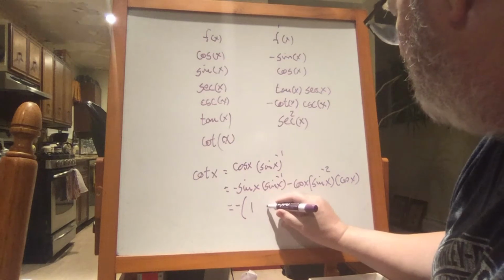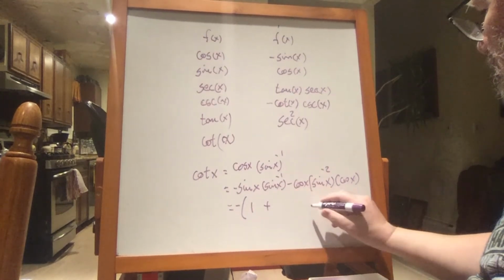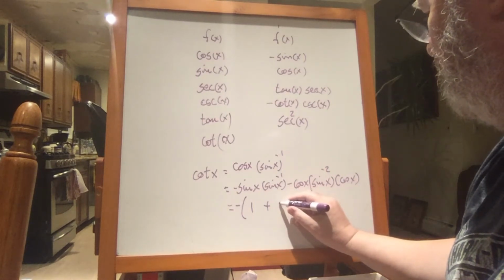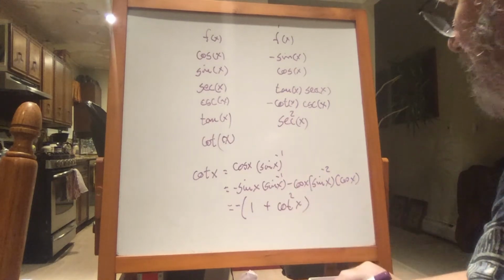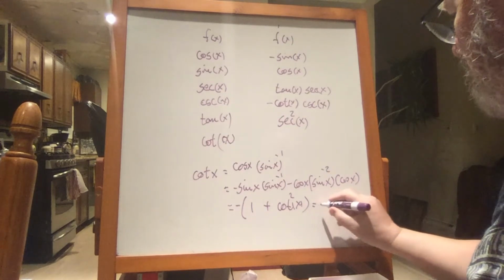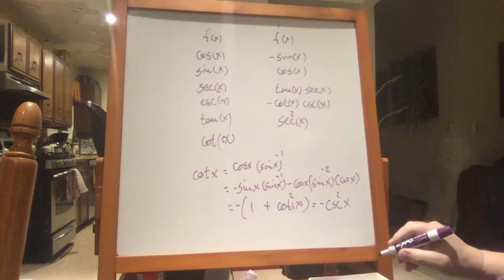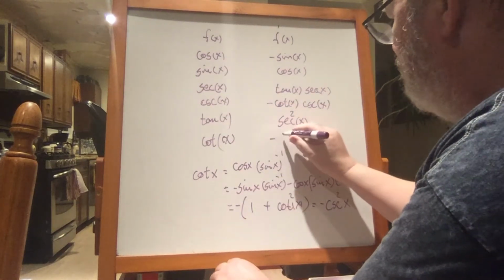And that's equal to minus 1 plus cotangent squared of x, and that's equal to minus cosecant squared of x. And let's just write that down there for now as a placeholder.